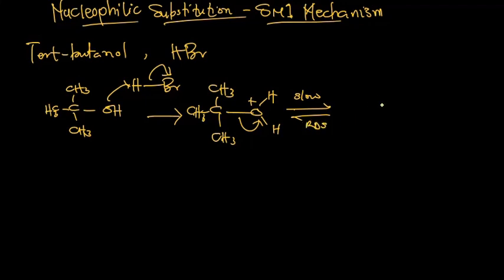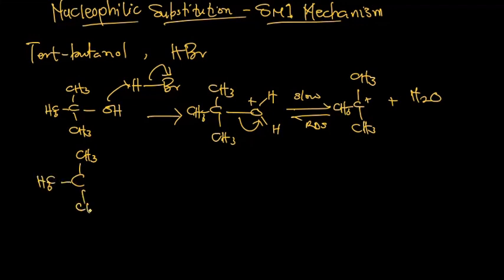RDS. Now we have the intermediate, CH3, and the carbon having a positive charge. So over there we have a tertiary carbocation. Remember, we are giving off water. Now, in the final step of the reaction, we have the tertiary carbocation with a positive charge.